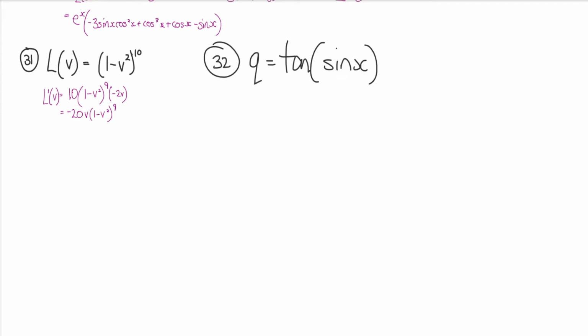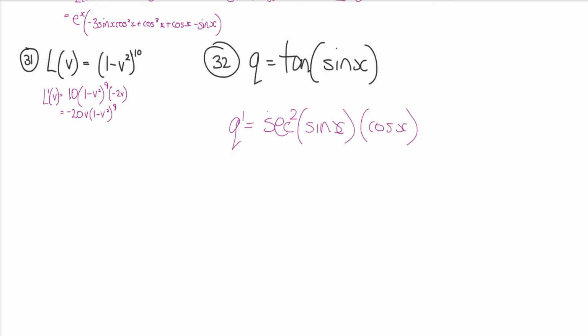So we get the derivative of the outside, which is secant squared of whatever is on the inside, and then the derivative of the inside, which is cos of x. Right? So the secant squared of sine of x times cos of x.